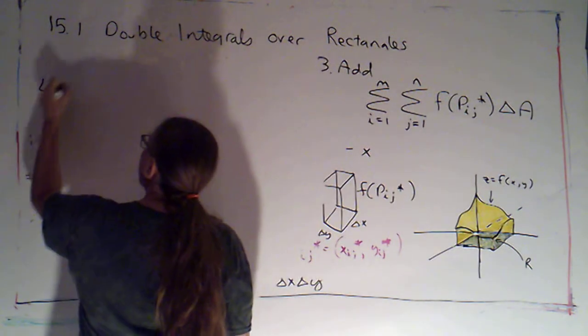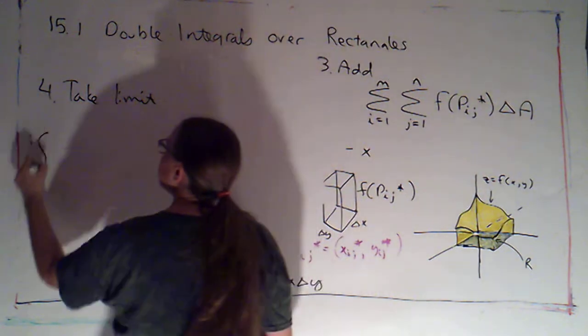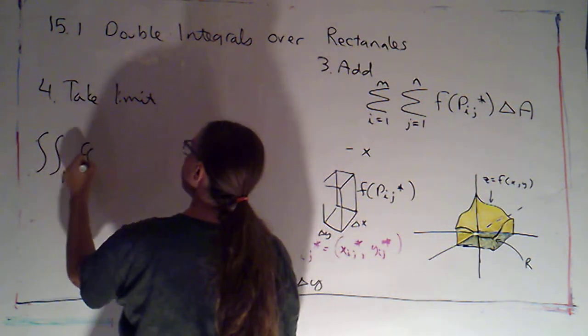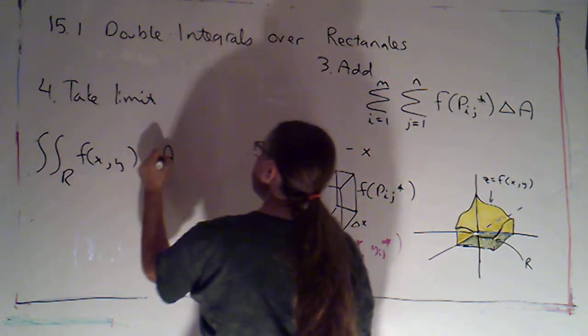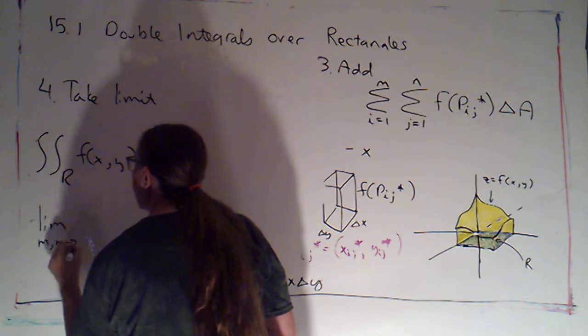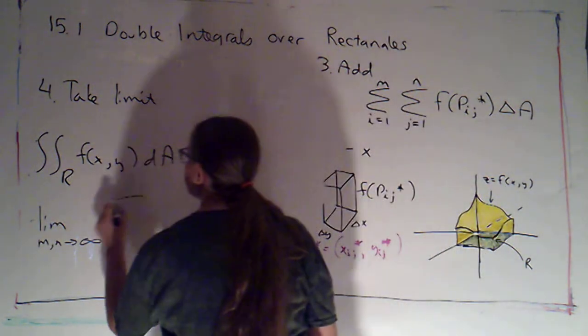So, step 4 is take a limit, and that's going to give us our definition for this double integral. The double integral over R of f of x y dA is going to be the limit as m and n both go to infinity of this double Riemann sum.